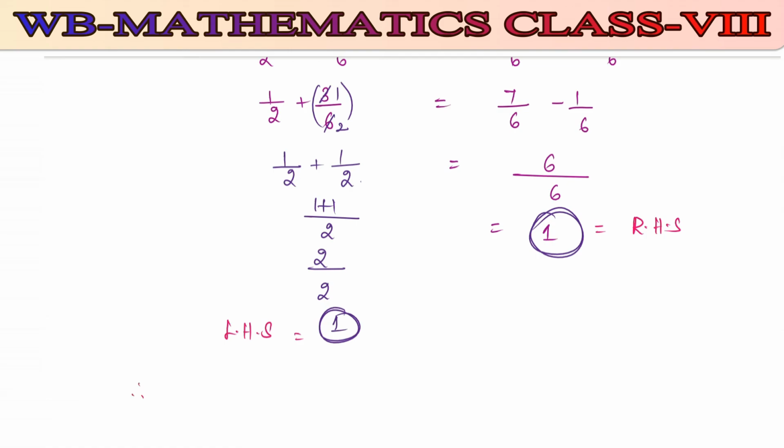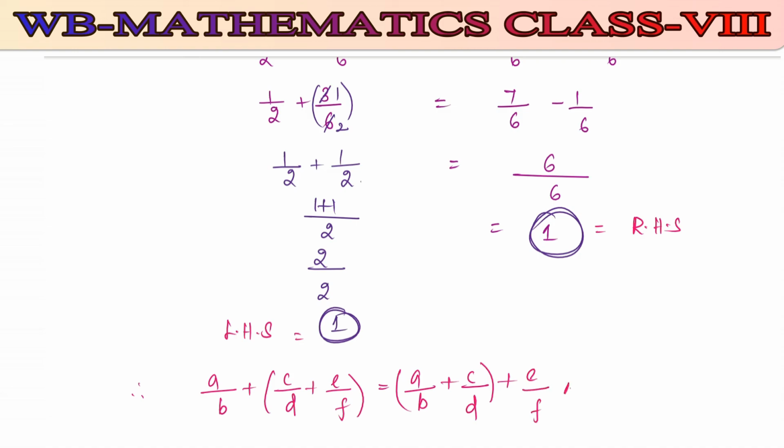Therefore we can write the formula: A by B plus (C by D plus E by F) is equal to (A by B plus C by D) plus E by F, keeping the bracket for the sum of these two numbers. If this condition is satisfied, with the left-hand side value equal to the right-hand side value, then we can say these three numbers satisfy the associative property under addition.